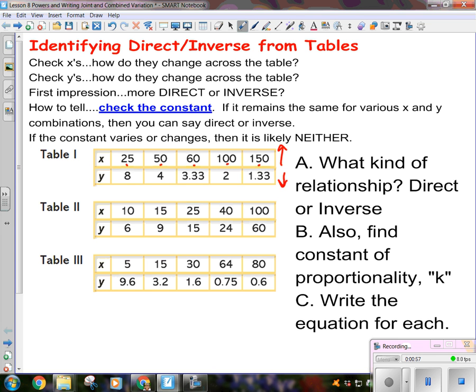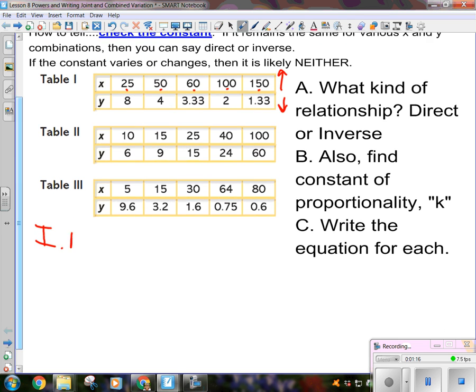Now, which relationship most likely has one going up and one going down? Direct or inverse? Inverse. So we're actually going to answer question A, item B and item C for all 3 tables. Okay? So for the Roman numeral 1 table, we think question A, we think it's inverse.